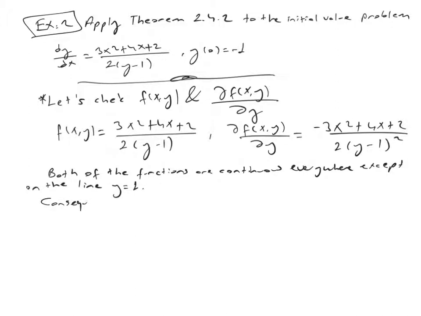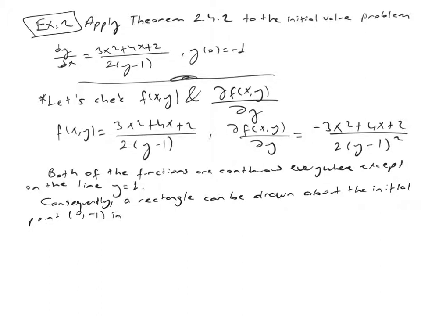Consequently, a rectangle can be drawn about the initial point 0, -1 in which both f and df over dy are continuous.